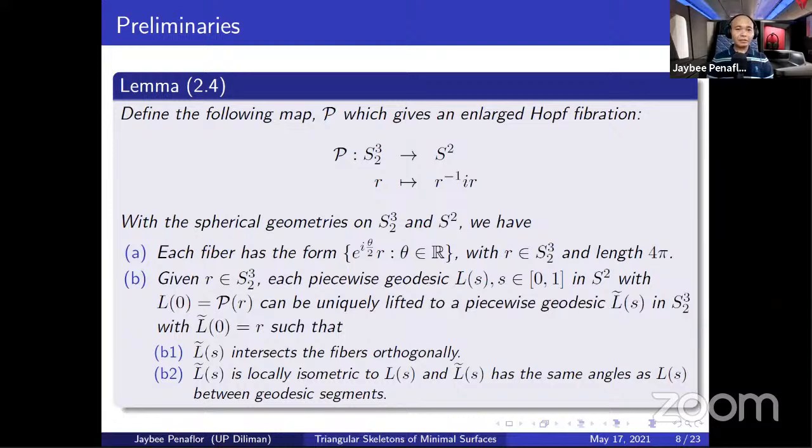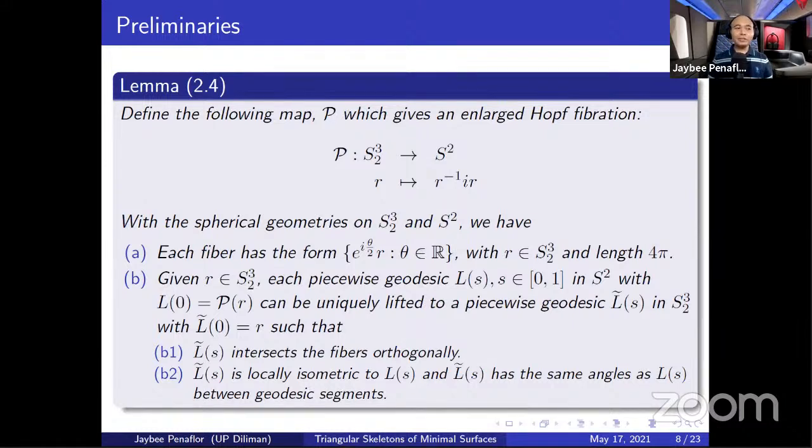Next, given any r in S32, our 3-sphere of radius 2, let's say we have a piecewise geodesic, that means we have a geodesic that's connected end to end. And this geodesic exists in S2.